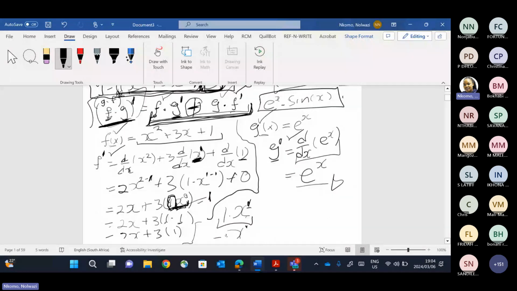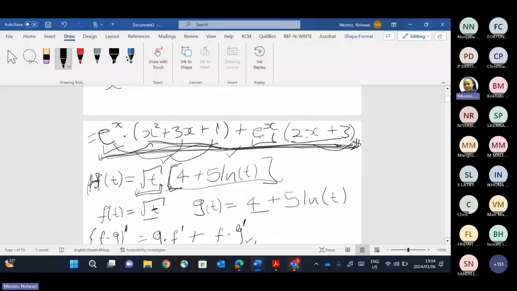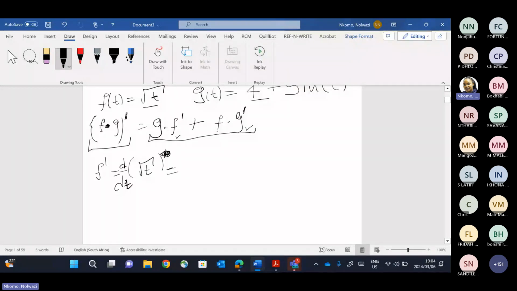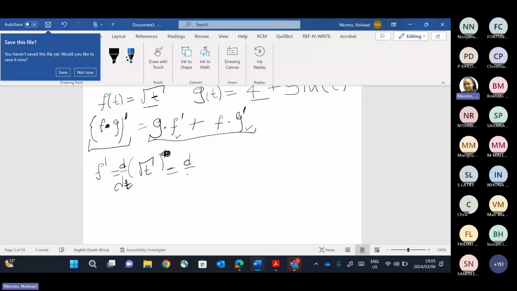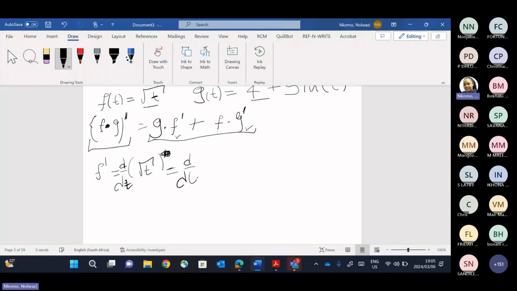That's why I keep going back to grade 8, because I know you all did math there. No one will say they didn't do math at grade 8. So you know that the square root of t is the same thing as t to the power a half. So we'll write this as d/dt of t to the power a half.